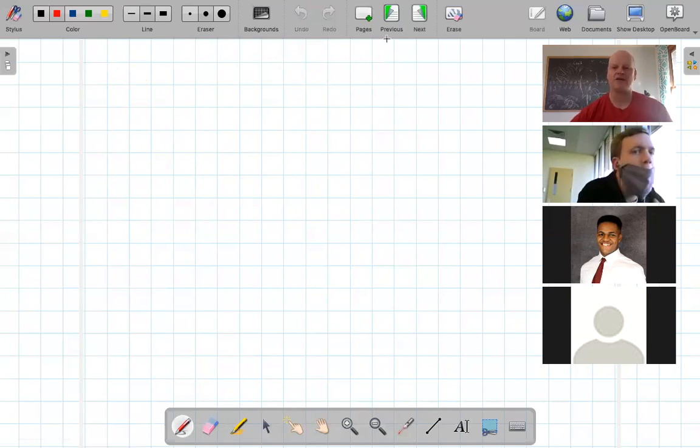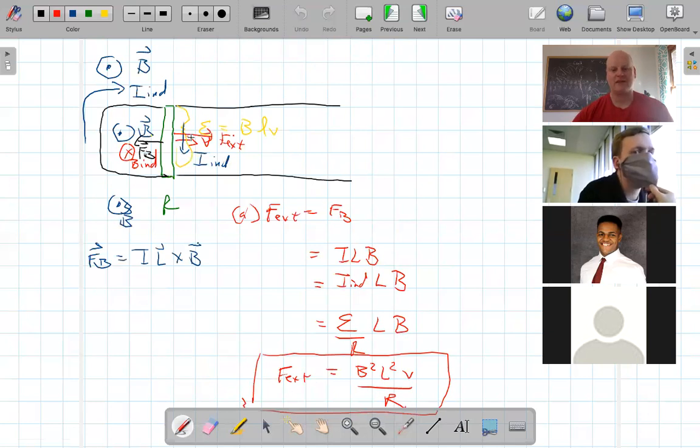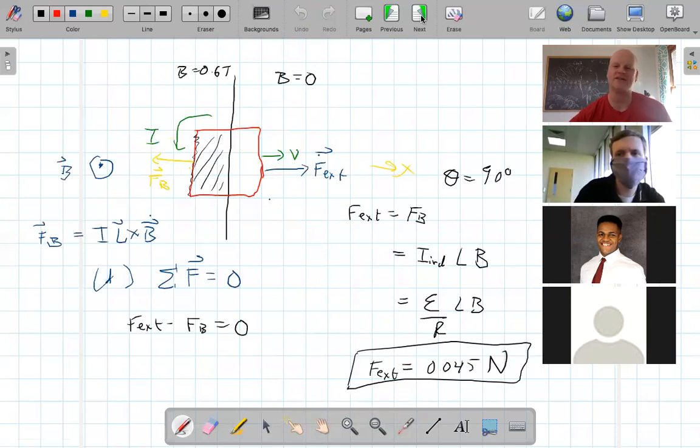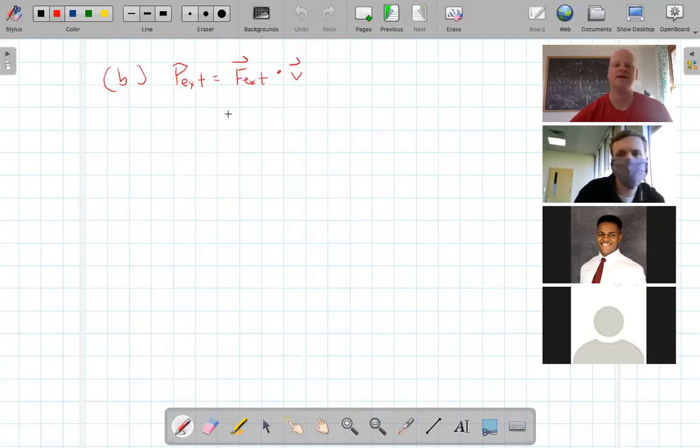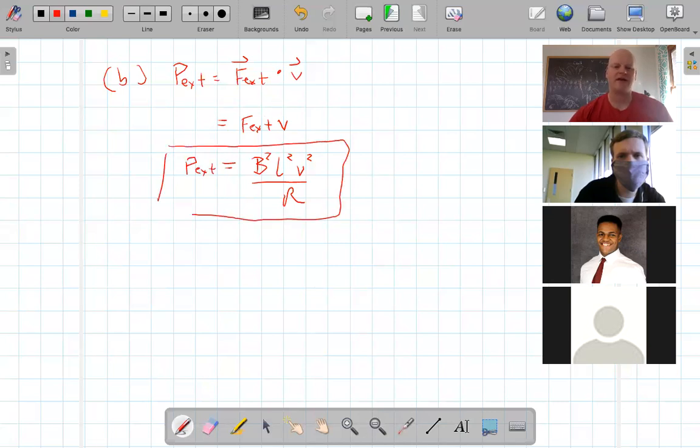Now if we go back to our picture, my force is in exactly the same direction as the velocity, which means those are parallel to each other. So I get a cosine of 0 degrees, which is simply equal to 1, which means this is the external force times the velocity, which is equal to B squared L squared V squared over the resistance. So this is the power the external source is applying to the system as it moves it at a constant velocity.